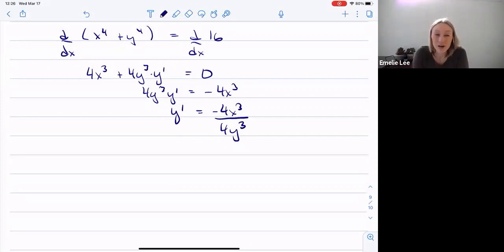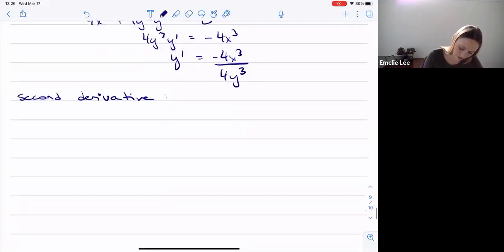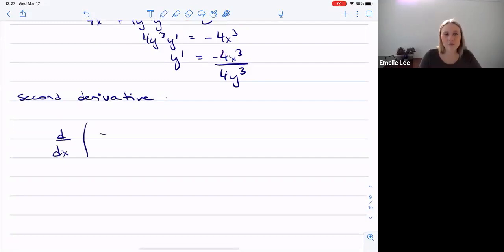So now I have y prime. Hey, that was not bad. Now that we've done some hard ones, right? But now I want to find the second derivative, right? And so the second derivative means that what I'm trying to do is take d/dx of, I guess I can cancel the 4s.